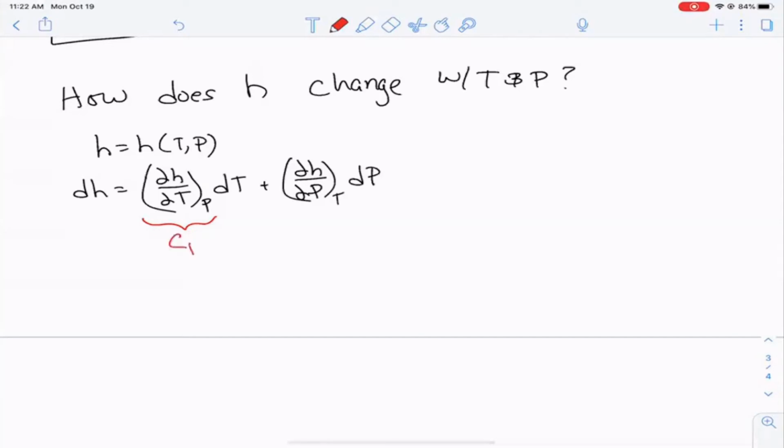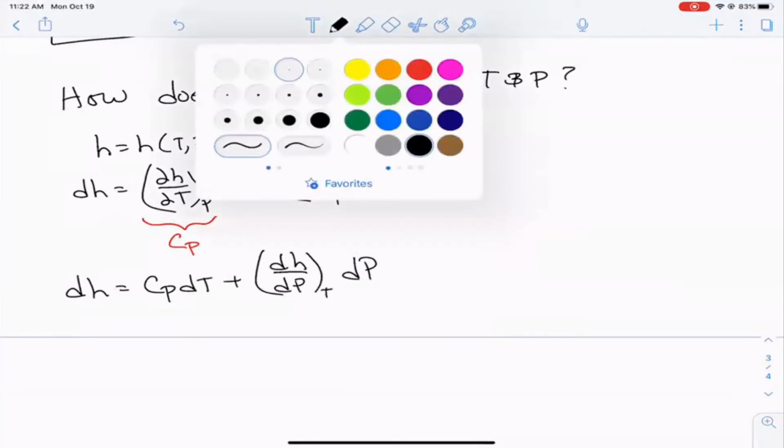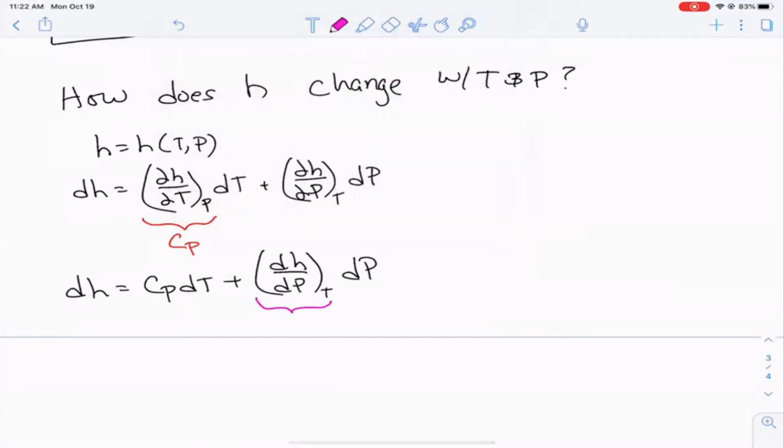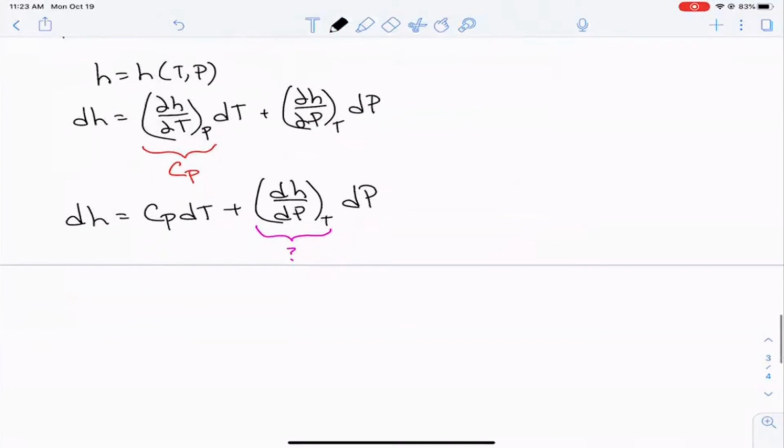CP? Yep, this time it's the constant pressure heat capacity. So now we know that dH is equal to CP dT plus (∂H/∂P) at constant T dP. And just like in the previous example, we need to figure out what (∂H/∂P) at constant T is. Well, if you remember, our differential for enthalpy above was TdS plus VdP.